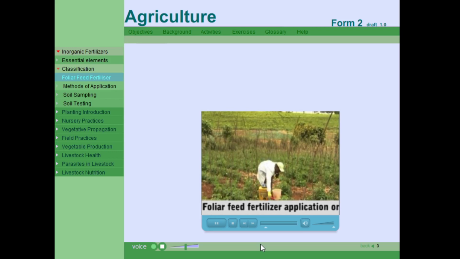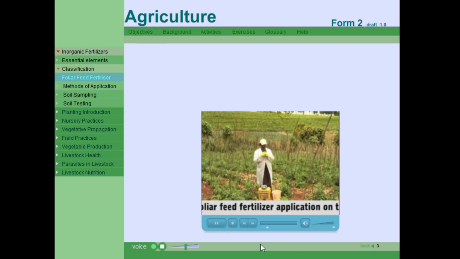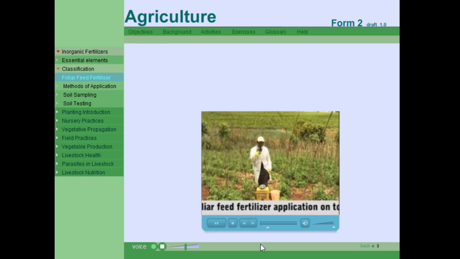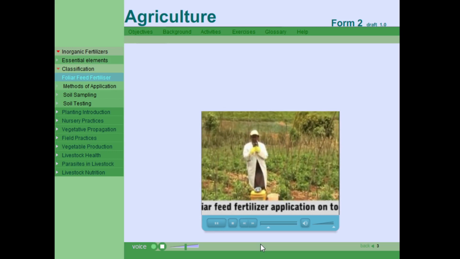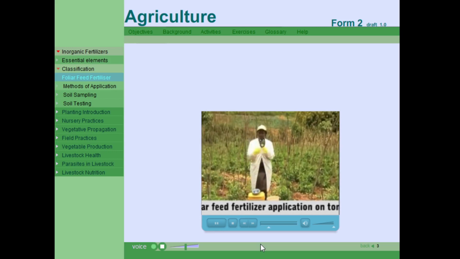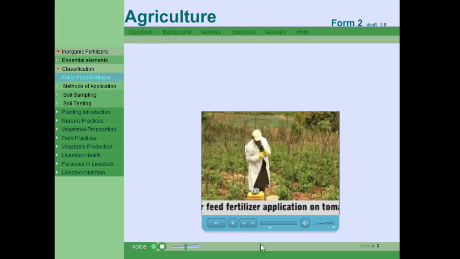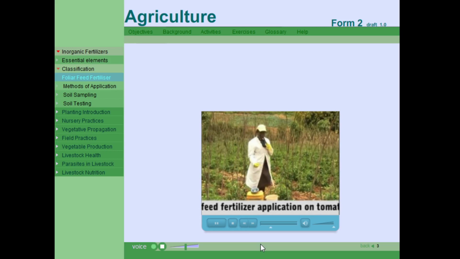Before spraying the crops with the foliar feed, you're supposed to make sure that you wear protective dressing. For example, you must wear gumboots. There's the gas mask, there's the apron, and you are supposed to wear gloves and a cape. So, following the manufacturer's instruction, you mix the water with the foliar feed at the required rate.